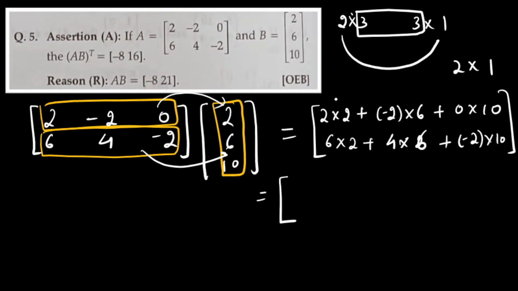So here I'll just add: 2 into 2 is 4, 4 minus 12, minus 2 into 6 is minus 12, plus 0. Then 6 into 2 is 12, plus 4 into 6 is 24, minus 20.